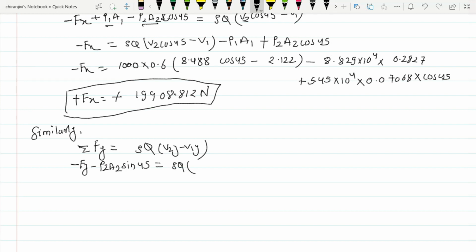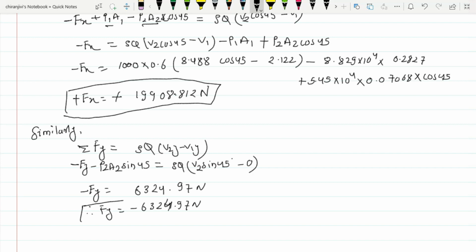This is v2 sin 45 degree, minus 0 because there is no velocity component in vertical direction at section 1. So minus Fy equal to 6324.97 Newton. Here Fy equals minus 6324.97 Newton.